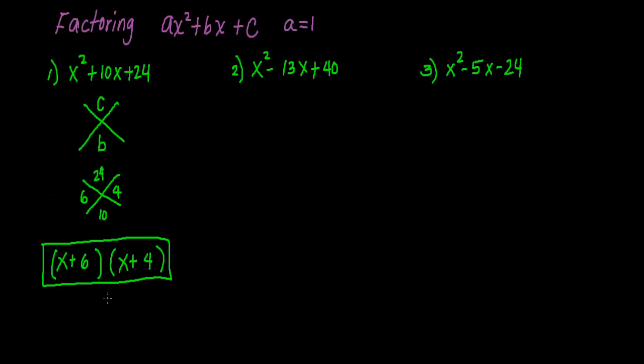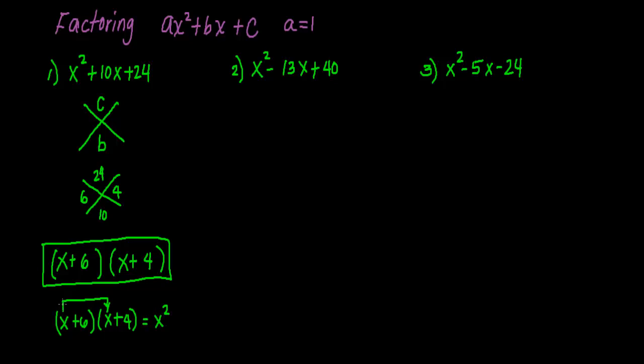Now you can do FOIL to check that when you multiply these 2 binomials, you get back what you had originally. And this is what you would do to check that. X plus 6 times x plus 4. I don't know if you remember FOIL, but you multiply the first term with the first term, and you get x squared.